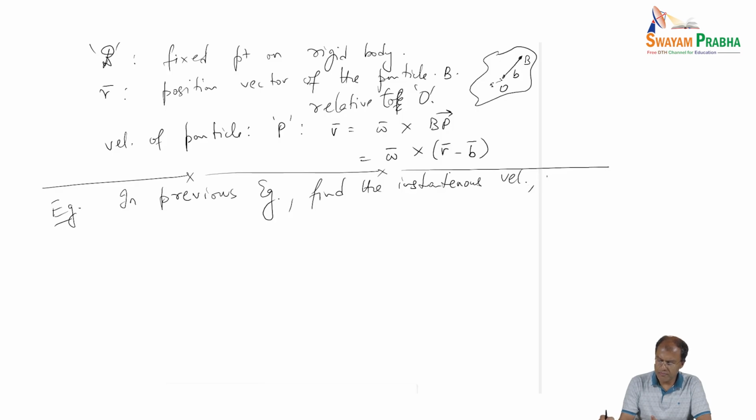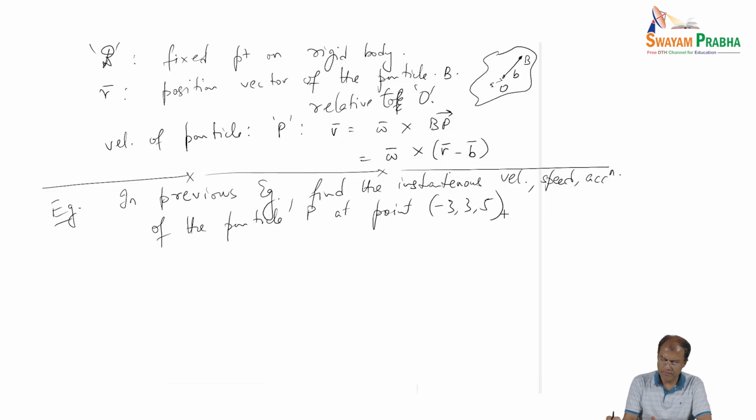We want to find the instantaneous velocity, speed and acceleration of the particle at the point -3, 3, 5.